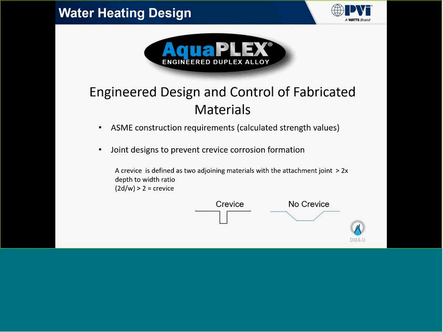Some of the considerations are crevices, welding, things like that. For ASME construction, you're not allowed to have a crevice in that system. A crevice is described as a void in the material that's 2 times the diameter of the width. That is the technical description of a crevice.